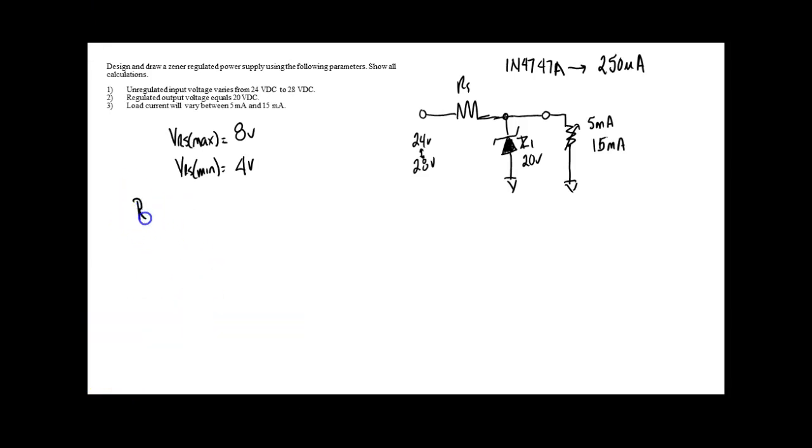So RS equals, what's the minimum voltage? 4 volts divided by the maximum load current, 15 milli plus 250 micro. Make sure you put this in parentheses, right? To make it do the math correctly.